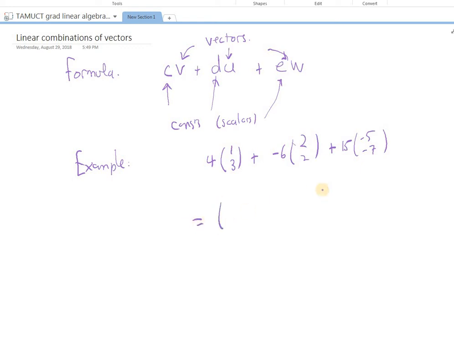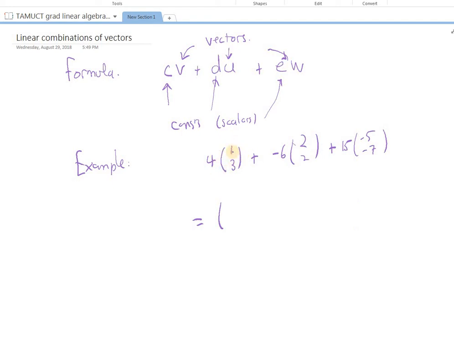Okay. And the way you evaluate the result, as I referred to last time, when you add vectors, you add the corresponding components. And when you multiply by a scalar, you multiply the corresponding components by that scalar. So the first component of this vector here, well, let's do it step by step that way.